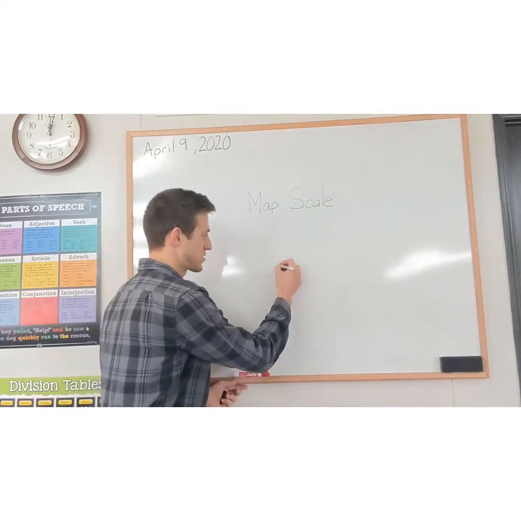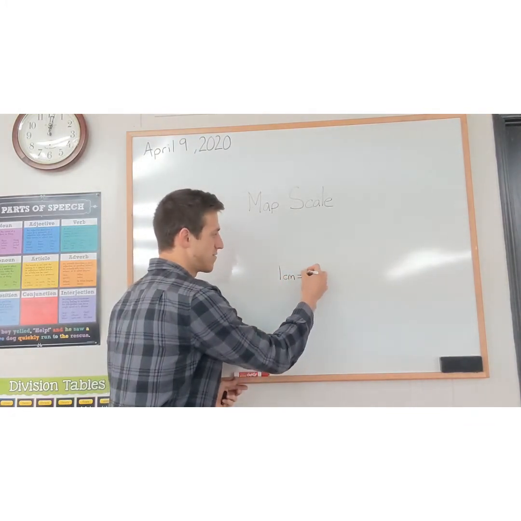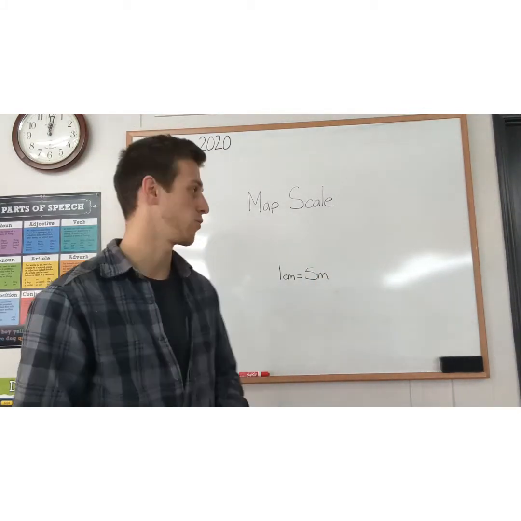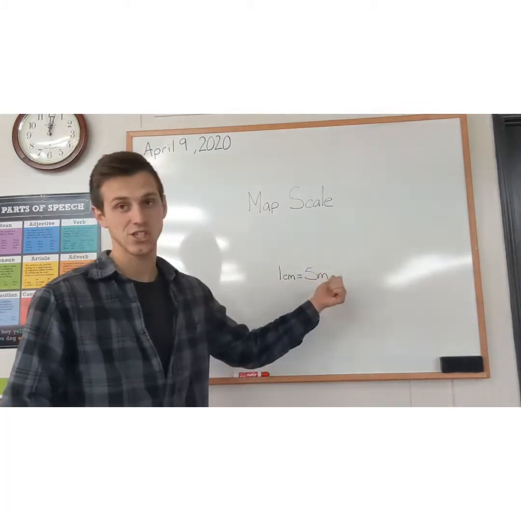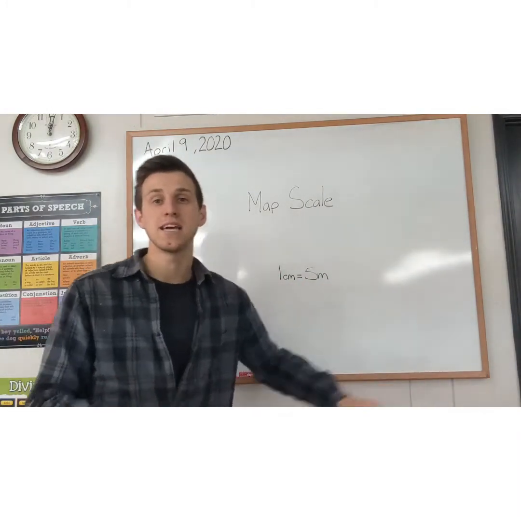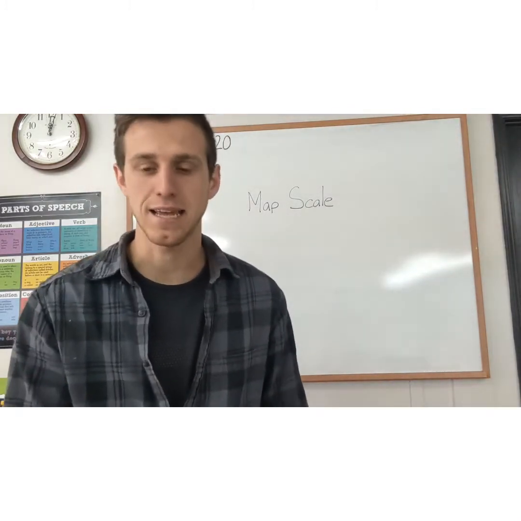For instance, we had the scale that 1 centimeter represented 5 meters, all right? So we would measure our scale drawing, and if we measured 1 centimeter, in real life it was 5 meters long. That's the same idea of what we're learning today with our map scales. It actually is the exact same idea.